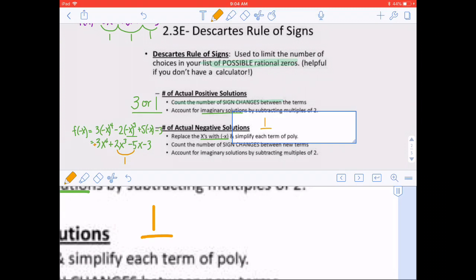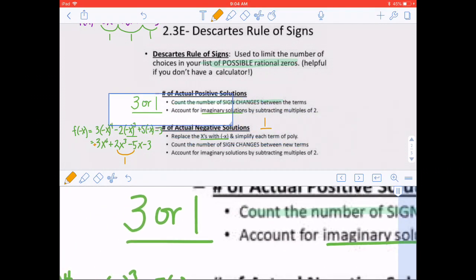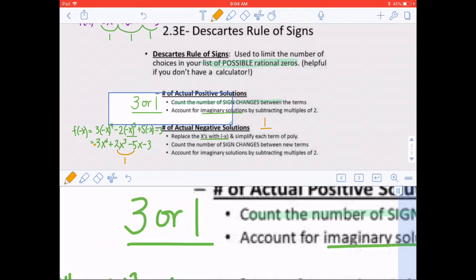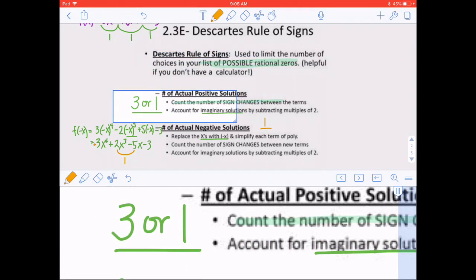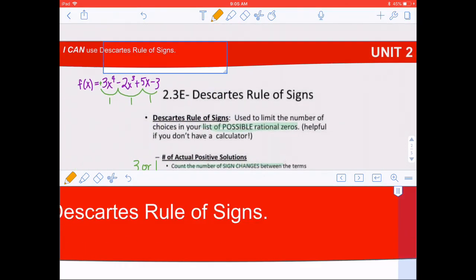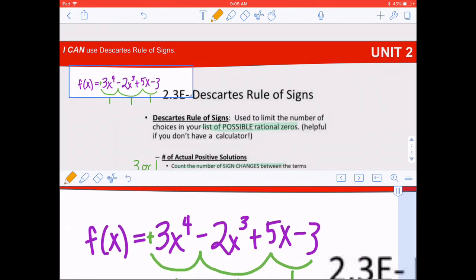And since we can't subtract 2 to give us a negative value, there can't be a negative number of solutions. Therefore, we're only going to have 1 negative solution in this case, and either 3 positive solutions or just 1 other positive solution. So Descartes' rule of signs helps us to narrow down how many solutions we're going to get when we take that polynomial and we set it equal to 0 and start to solve for x's.